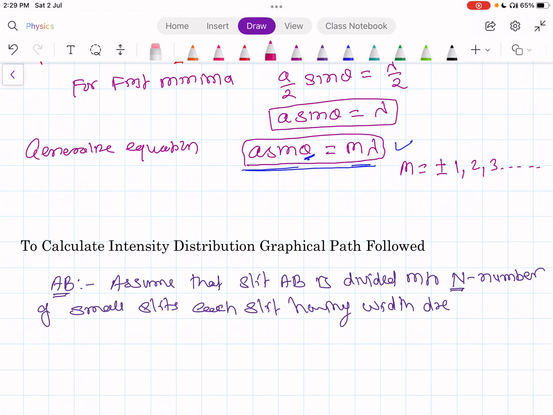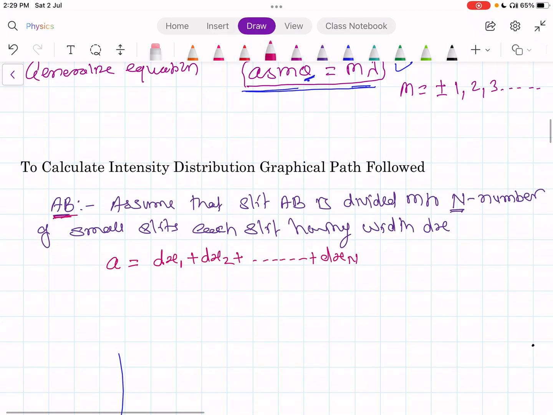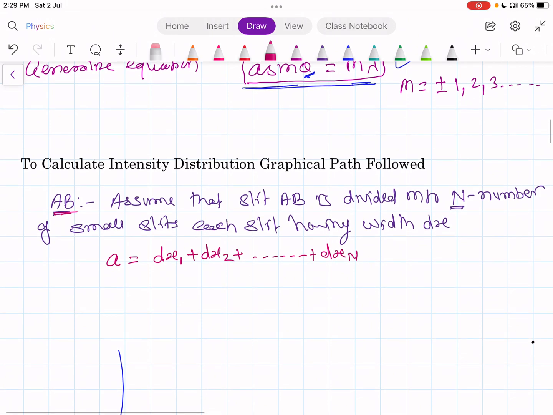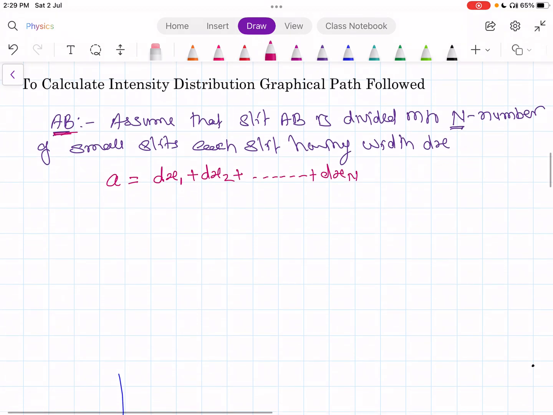And therefore you can write this like a, which is the width of the slit AB, is equal to the width of slit 1 plus the width of slit 2 plus up to the width of slit n. So we are assuming that there are n number of small slits, and every slit now acts as a secondary source.